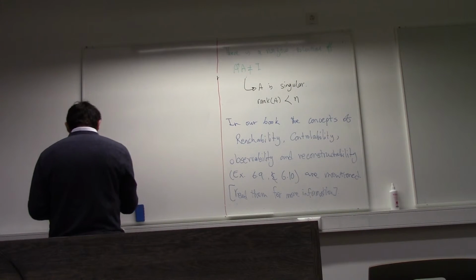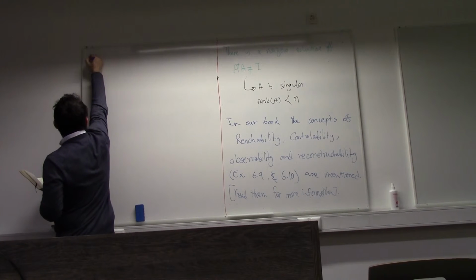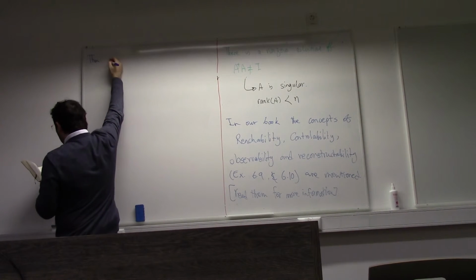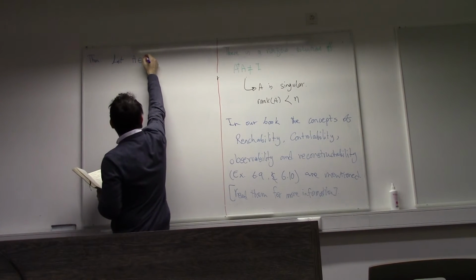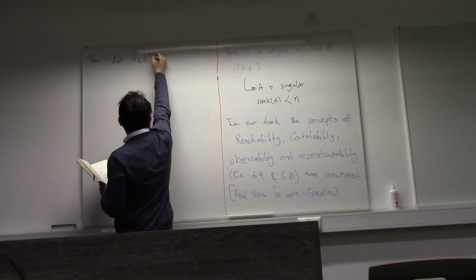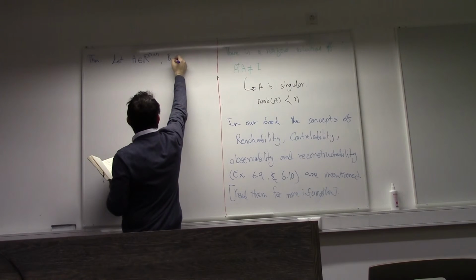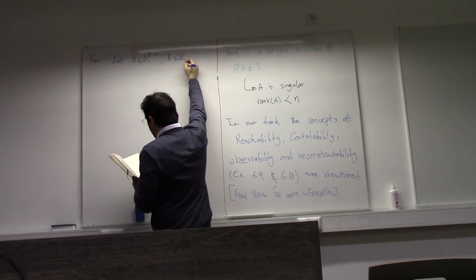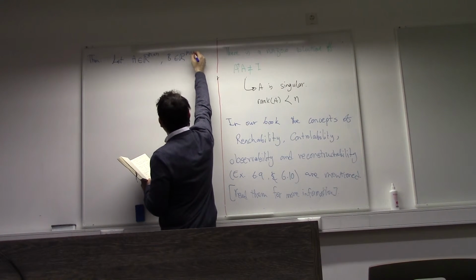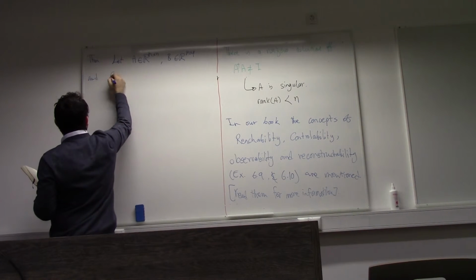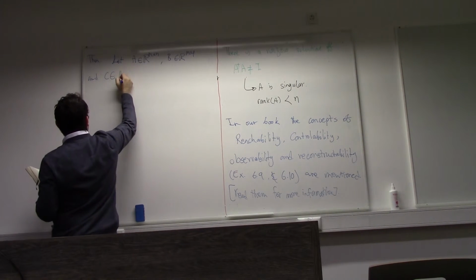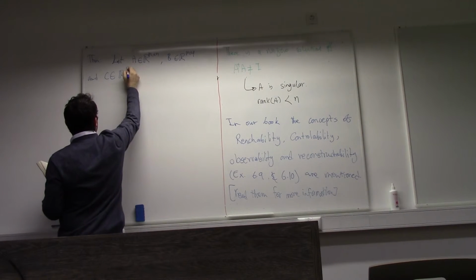Now, one more theorem. The theorem says: let A belong to R m by n, B belong to R m by q, and C belong to R p by q.